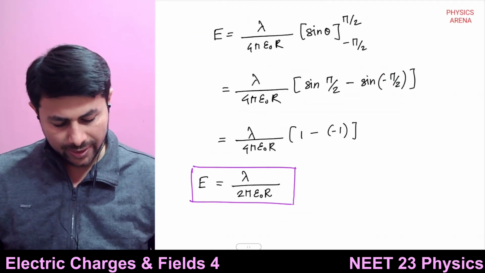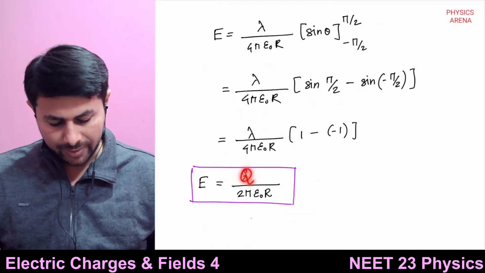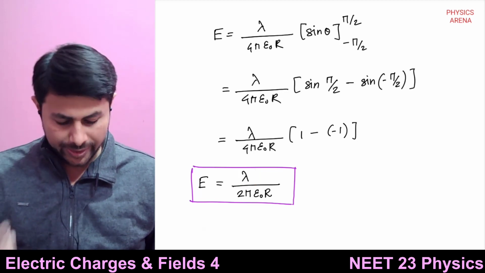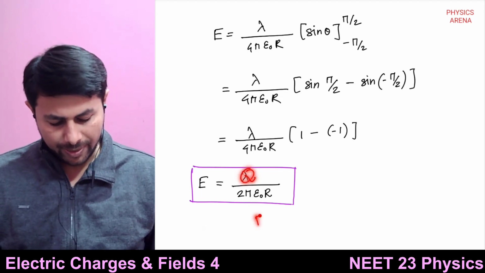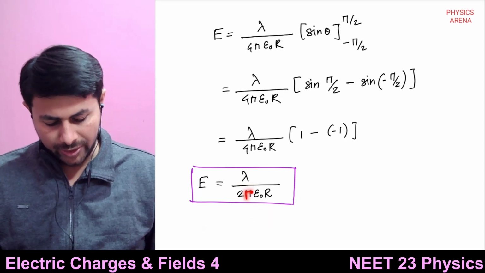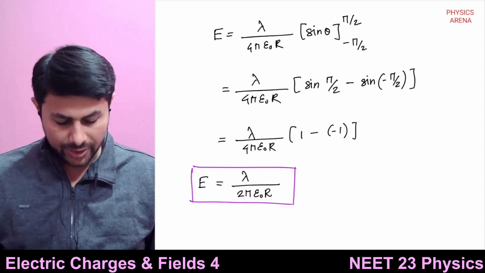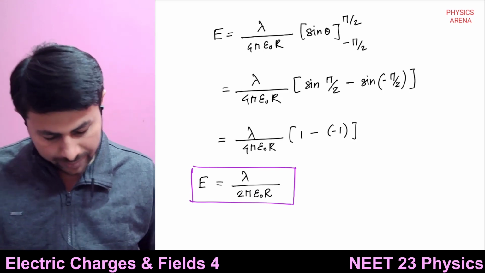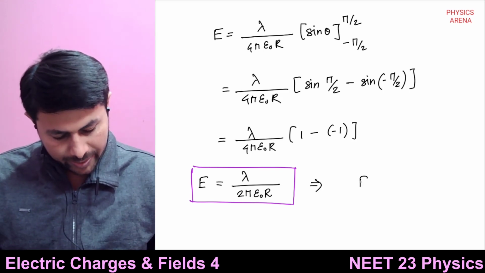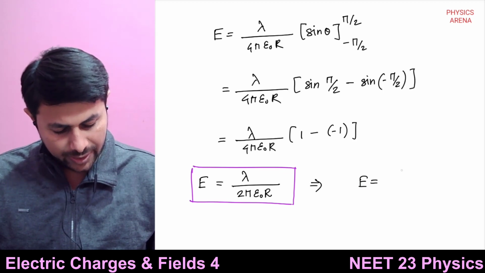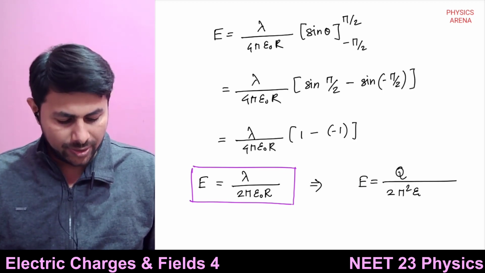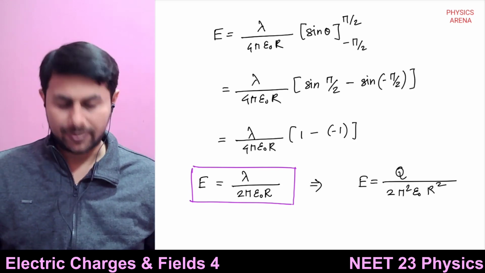If you substitute that, in the denominator we have pi and r already there, so it will be pi square r square. So we get the electric field due to a semicircular ring as q divided by 2 pi square epsilon naught r square.